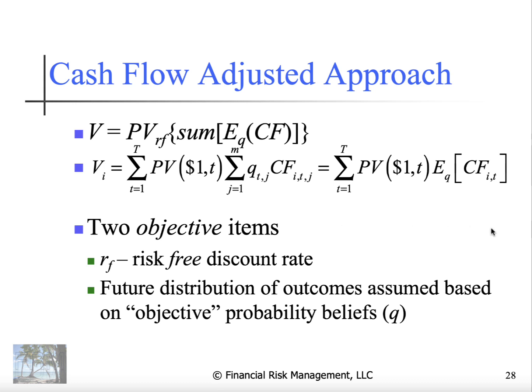That is, what's the probability distribution such that its expected value would equate to the certainty equivalent on a discounted basis. Again, we're going to go into this method in much more detail in future chapters, but at the moment, the key insight is it is based on a distribution, as with the market comparables approach, but the distribution is not my probability beliefs but an objective probability belief, and it's not my risk-adjusted discount rate, it's the risk-free rate.